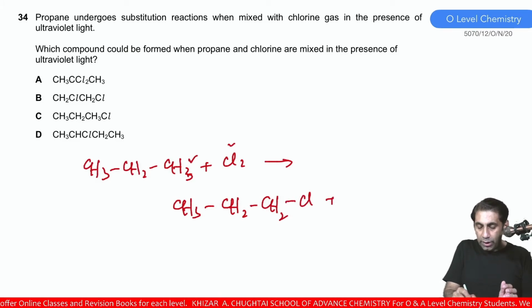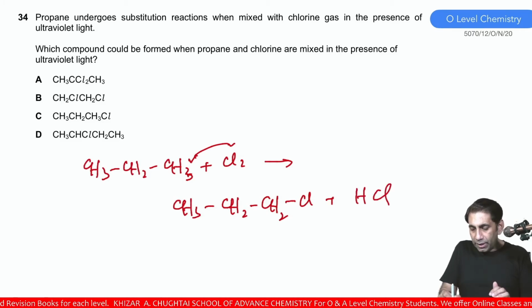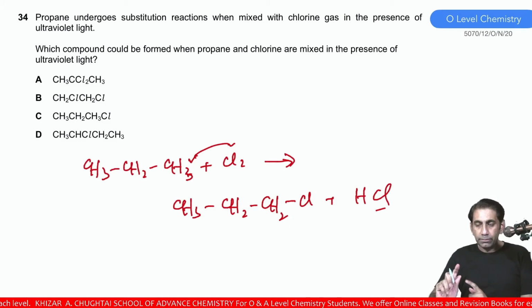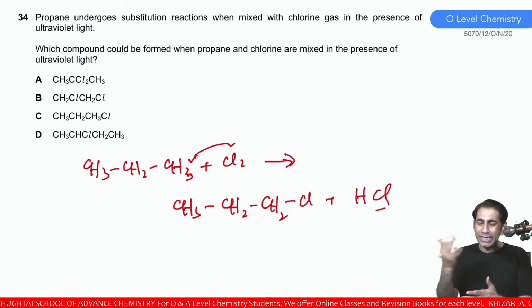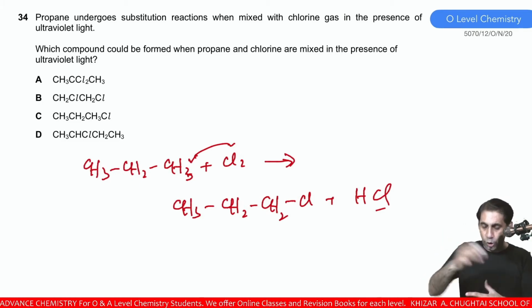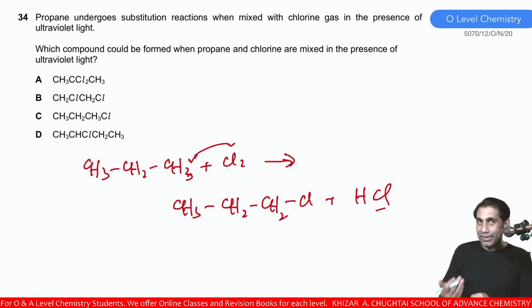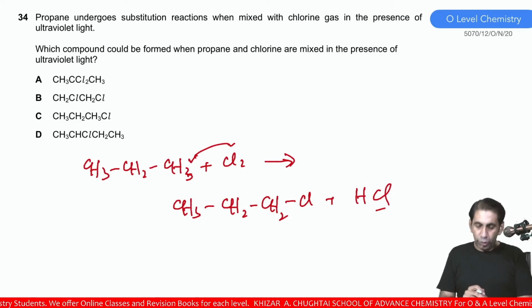One hydrogen is replaced by one Cl and one HCl formation takes place. So one less hydrogen, one more chlorine. Two less hydrogens, two chlorines, three less hydrogens, three chlorines, and so on. So carbon should be the same. If there is a smaller number of hydrogens, then an equal number of halogens should be there.